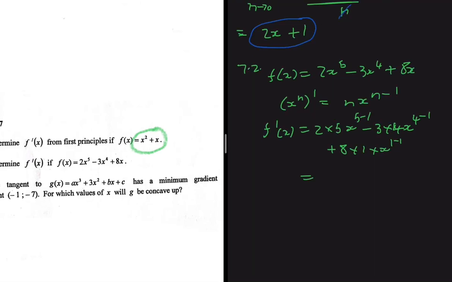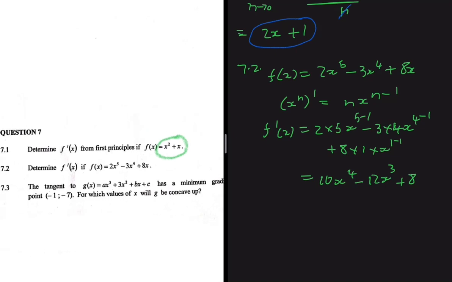So 2 multiplied by 5 is 10, and then 5 minus 1 is 4, so we have 10x to the power 4, and then minus 3 by 4 is 12, and then x to the 3, 8 by 1 is 8, and then x to the power 0 is 1, and any number to the power 0 is 1. And just like that, we already have 8 marks.